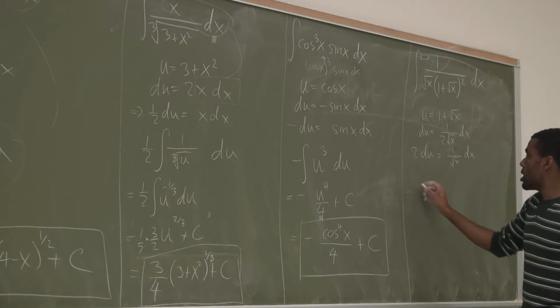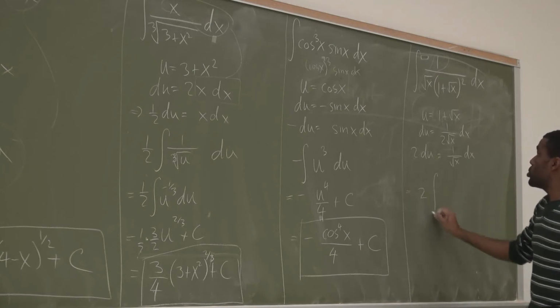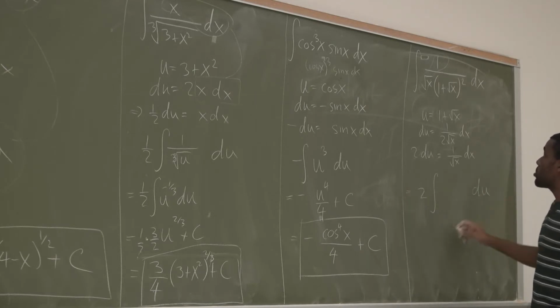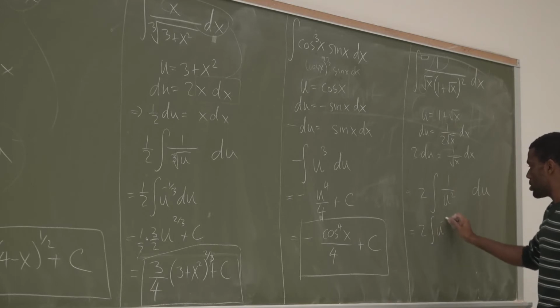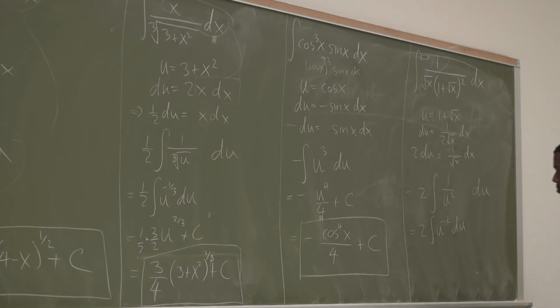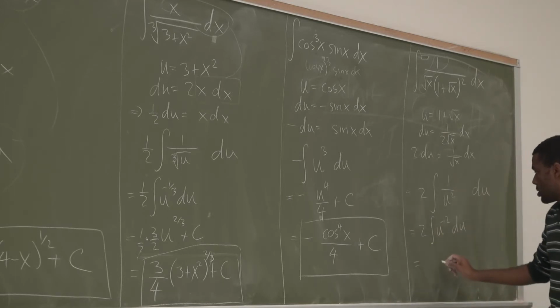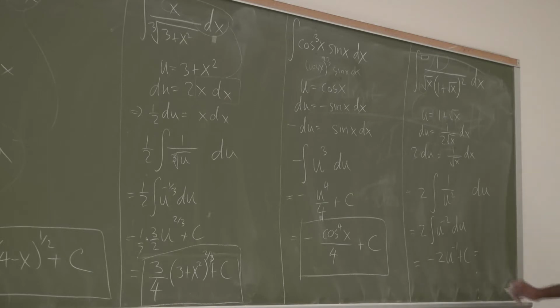So then the integral now becomes 2 times the integral of u to the minus 2 du. So you add 1 to the power, divide by the new power. And this gives us minus 2 over (1 plus radical x), plus c.